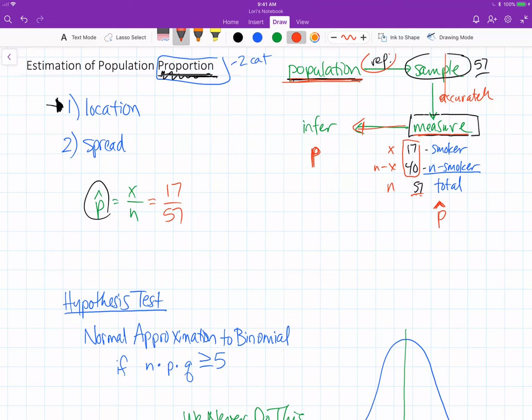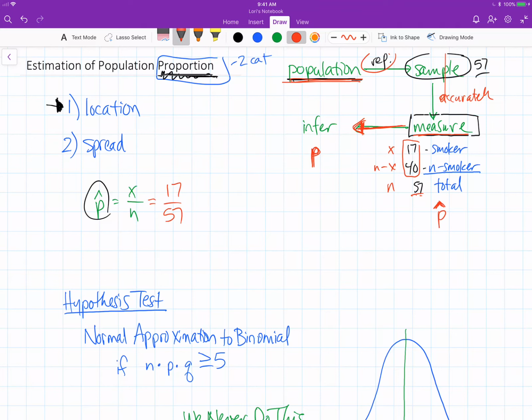What we measure in our sample is an unbiased estimate of what we would find in the population if we were to ask every single person. The reason that it may not be exactly the same as the population proportion is because of random error.